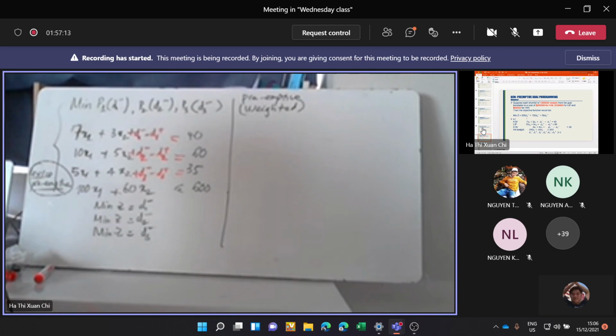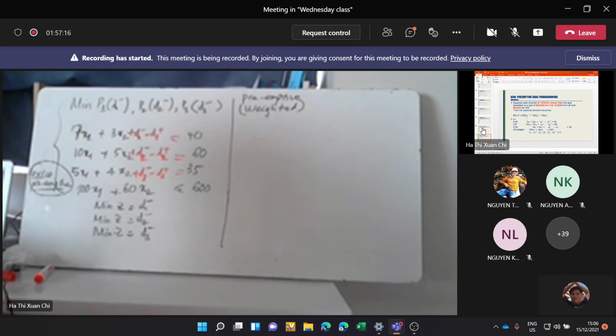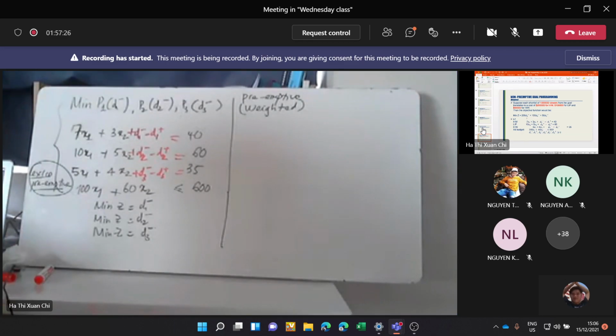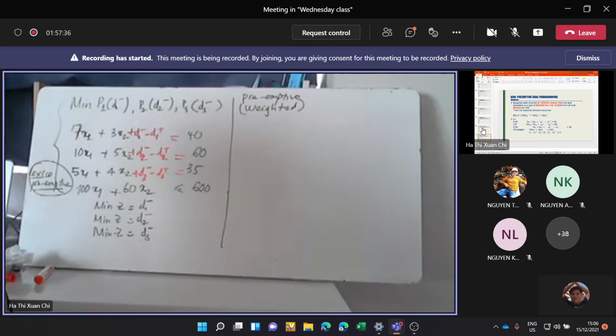So what is the objective here? The objective is different. Suppose it is a shortfall of 1 million viewers, so the cost is that money, and this money, and that money.